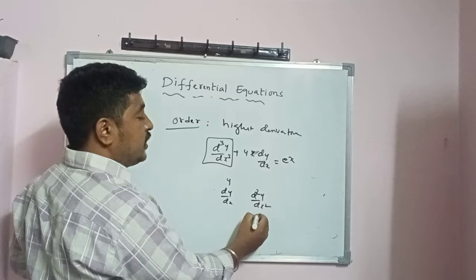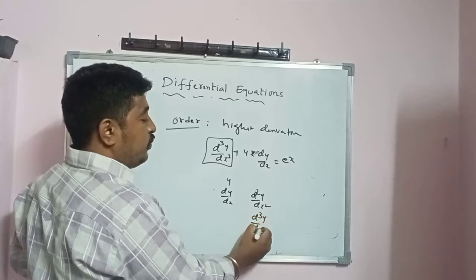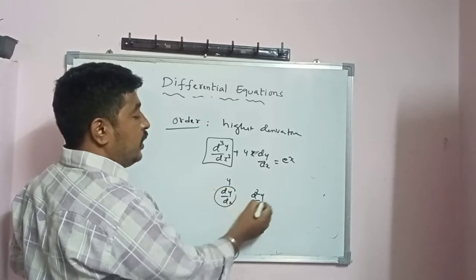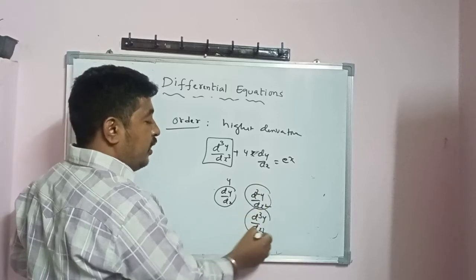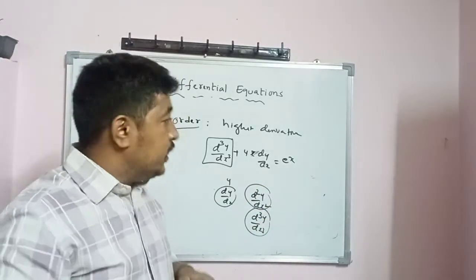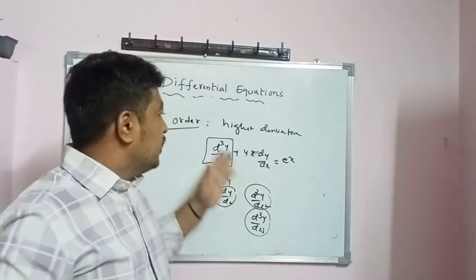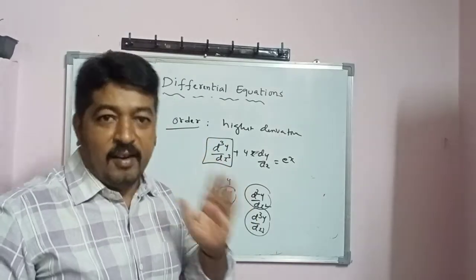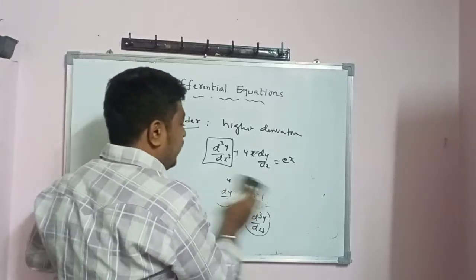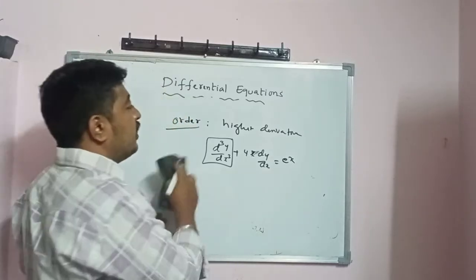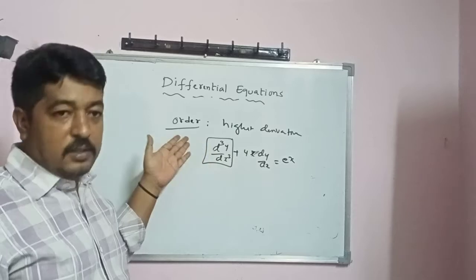Again we take the derivative, d cube y by dx cube. So it is the first derivative, the second derivative, the third derivative. The third derivative is the highest derivative. This highest derivative is called the order. So what is the order here? The order is third order.